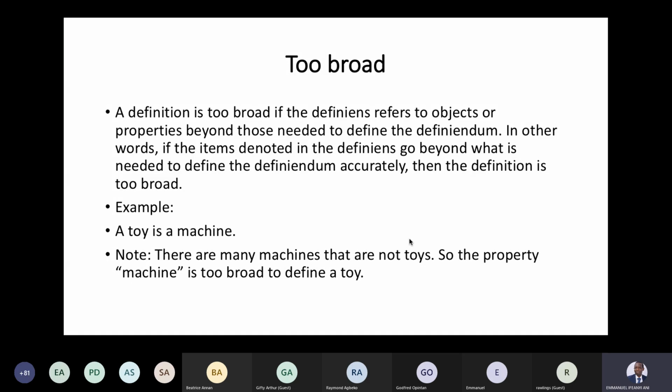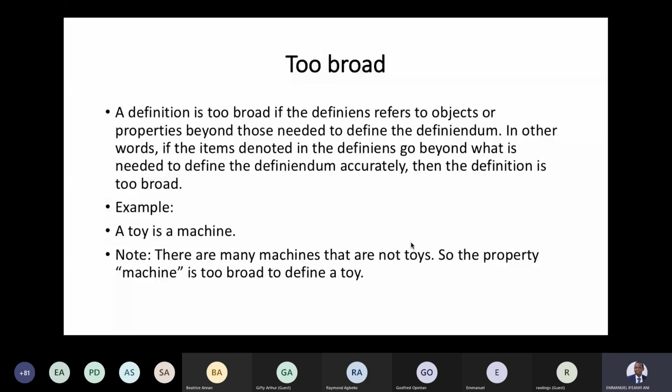Example, a toy is a machine. Now, this definition is too broad because there are many machines that are not toys. So the word machine is too broad to define a toy. It's just like saying a car is a machine.